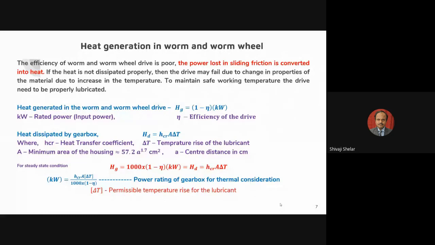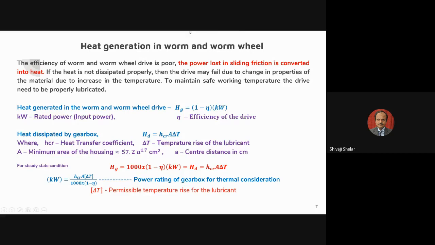If the heat is not properly dissipated, there is a chance your gear will fail. The efficiency of worm and worm wheel is poor. When the efficiency is poor, where is the energy going? Say you have been given 1 rupee and you are using only 60 paisa. Where is that 40 paisa going?